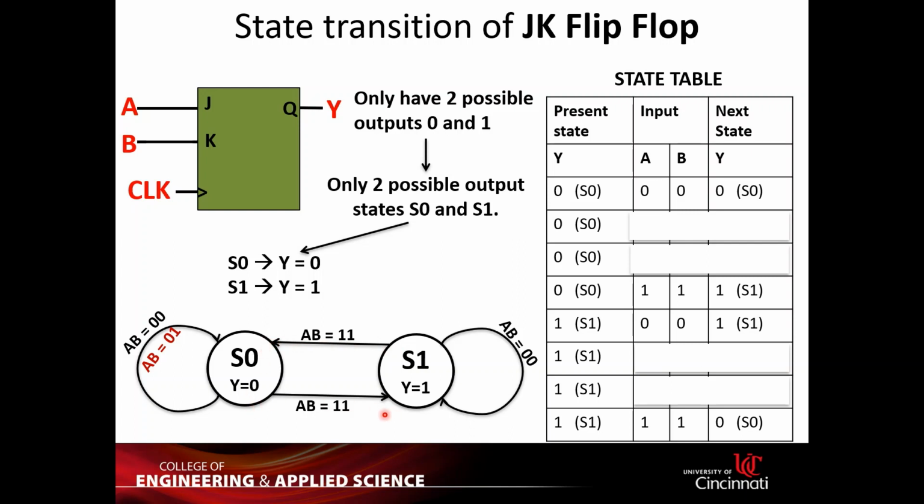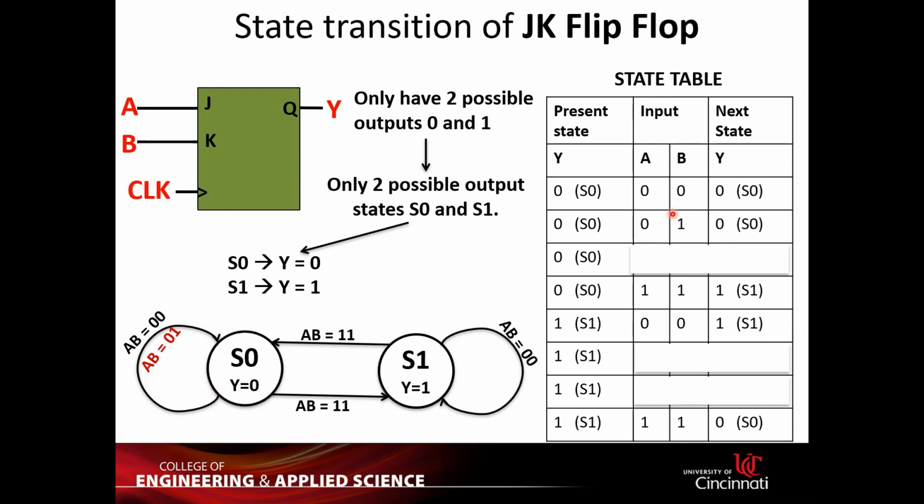What if it's either 0 1 or 1 0? I'm talking about AB. For example, if your state is S0 and your input is AB equals 0 1, then you know that the next state of Q will be 0, which means it will go back to the same place.